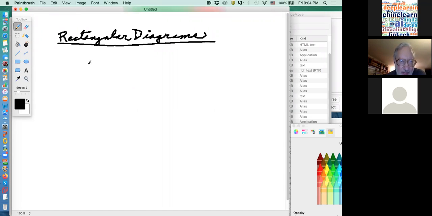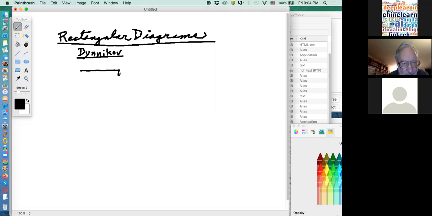But the rectangular diagrams, which are championed by Igor Dimitrov, are a very useful kind of diagram for knots. And some of you may not have seen these diagrams. Let me explain how they work.